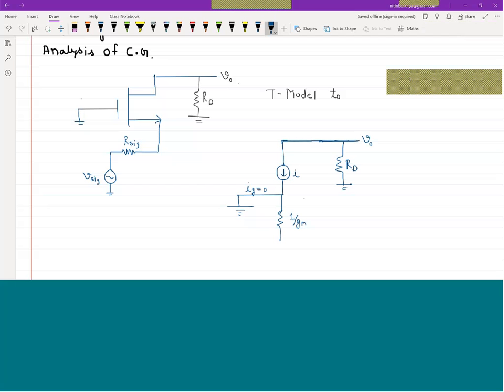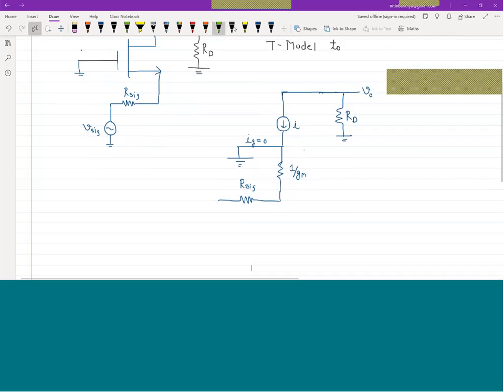Then we are having one R signal and one V signal.